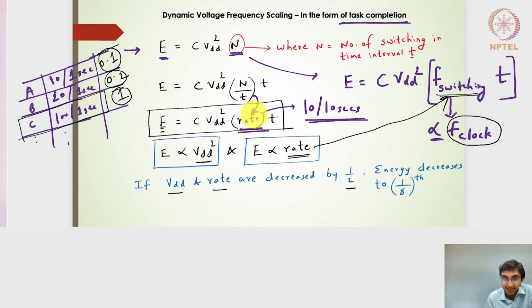And if the rate is decreased by half, that means the clock frequency is switching at half the frequency, and thereby my energy decreases by half due to the rate getting decreased by half. So put together, if I decrease the VDD rail voltage as well as the rate by half, I'll get the energy decreased by 1/8, which is a huge energy savings.